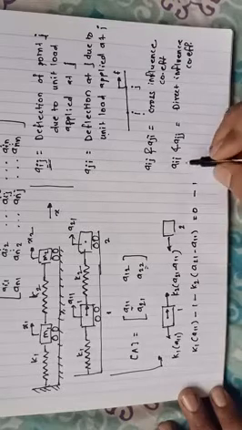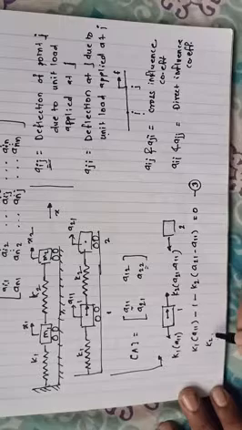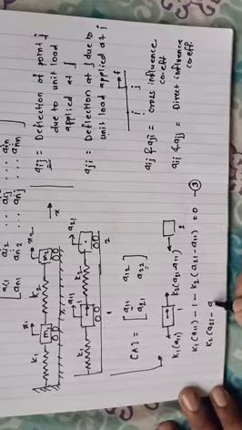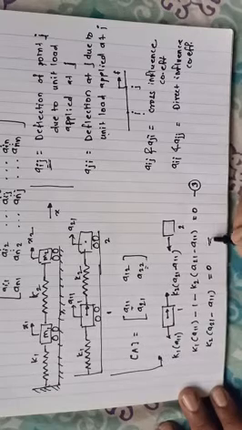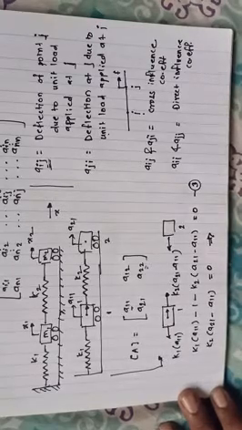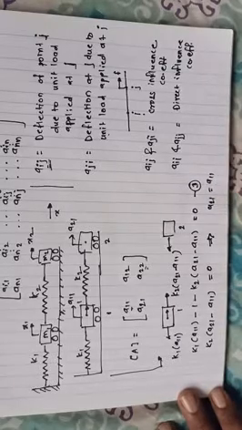That is equation number 3. K2 into (A21 minus A11) is equal to 0. So from this equation we get A21 is equal to A11.